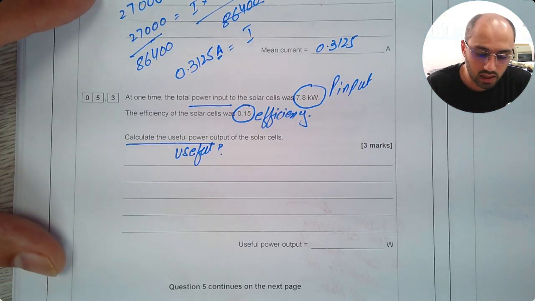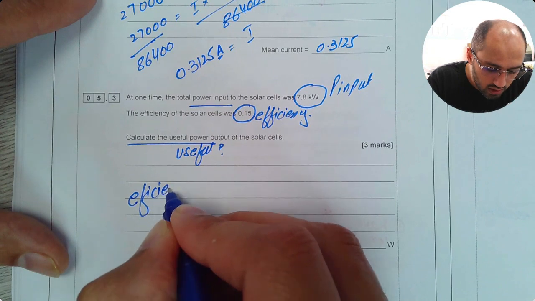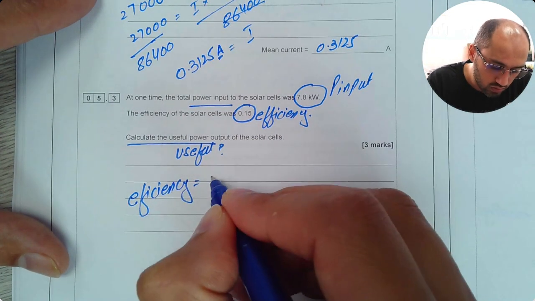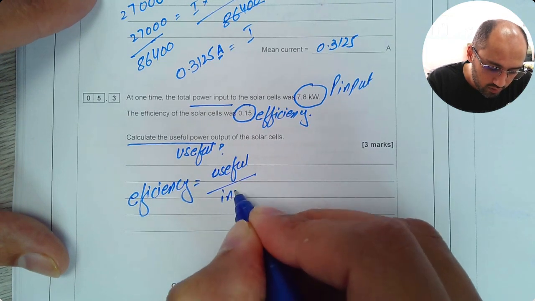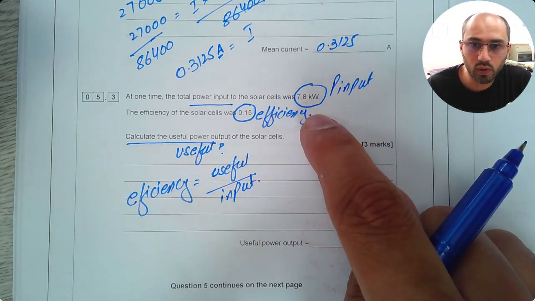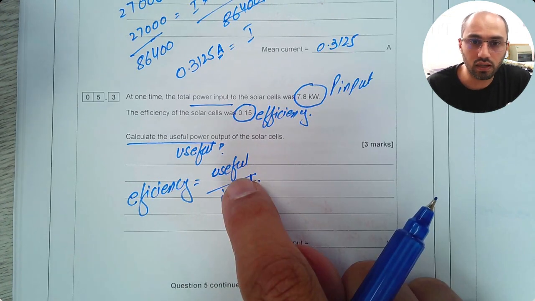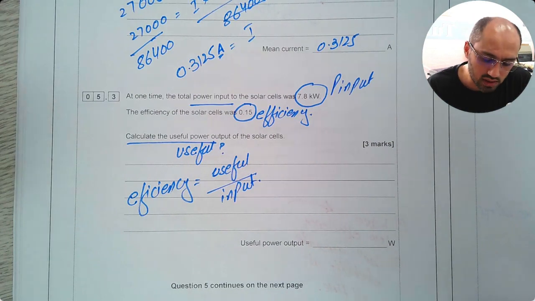There's an equation that links these 3 variables, that is efficiency is equal to useful over input. In this case, if you use input as 7.8 kilowatts, then the value of useful that you will calculate will also be in kilowatts. Let's keep it that way.